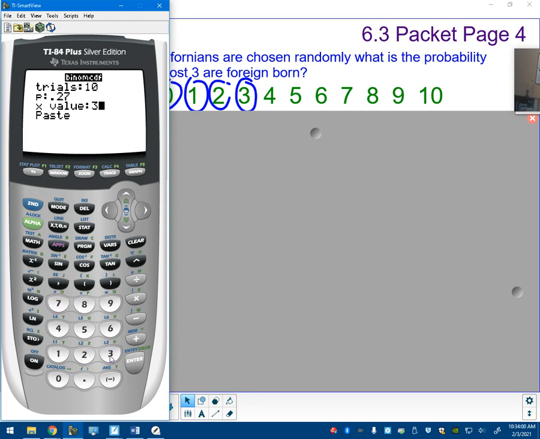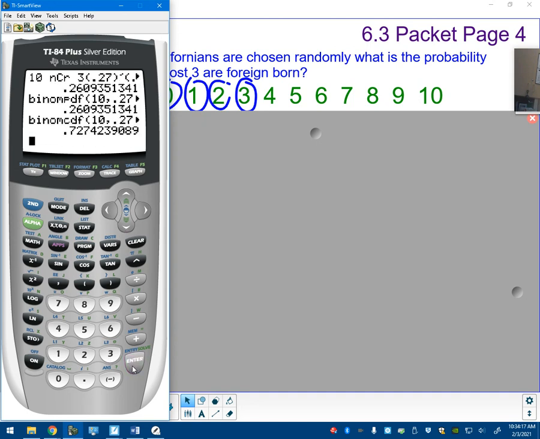I want to go from 3 down to 0. And I know I'm doing that because it says CDF and the C stands for cumulative, where the P stands for just regular one-at-a-time probability. So go ahead and hit enter. And that gives you 0.72 something. And if you add up those 1 through 4, that's exactly what you get.